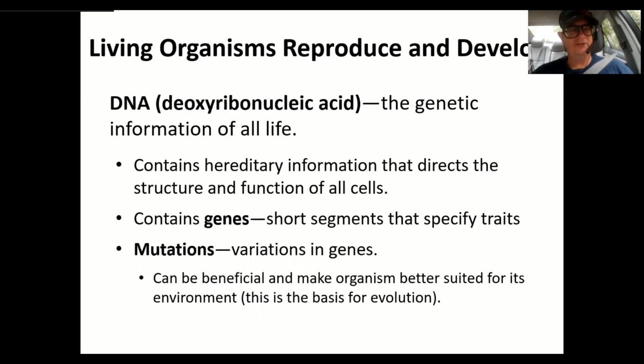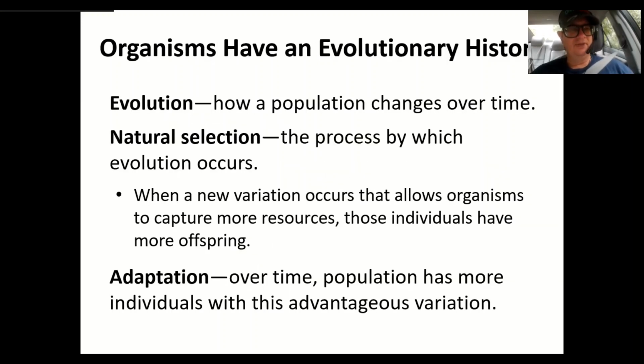We can talk more about stuff later. If you want really wild examples, we'll talk about nerve blocks in mice, things like that. But moving on. All right, so evolution is a change in a population over time. Fabulous definition. I definitely want you to know that.